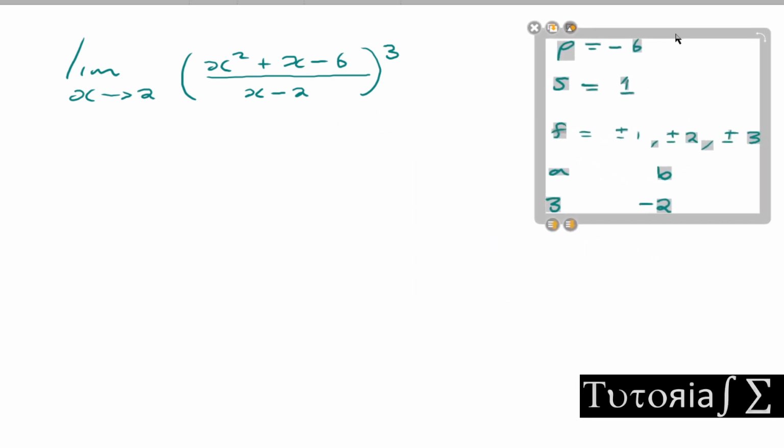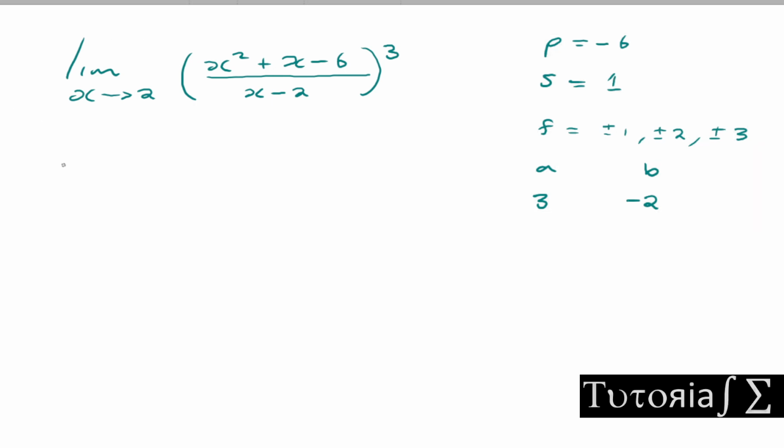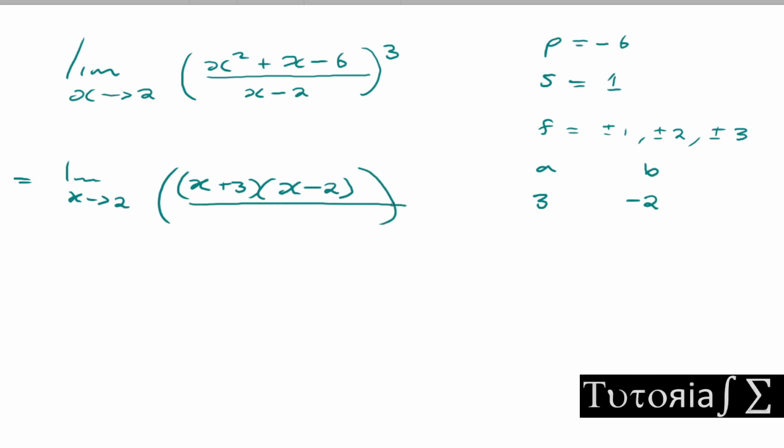So basically, this can be written as the limit as x approaches 2 of x plus 3 times x minus 2, over x minus 2 to the power 3.